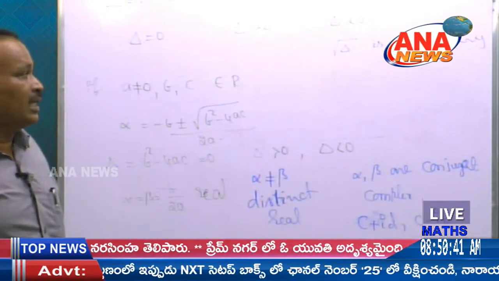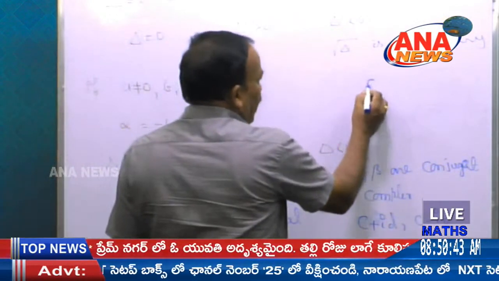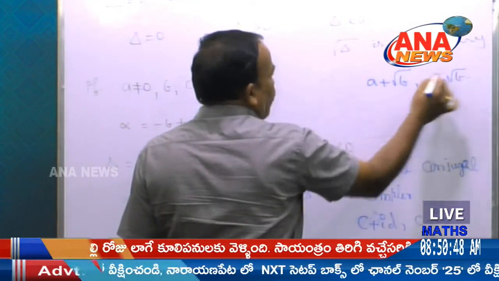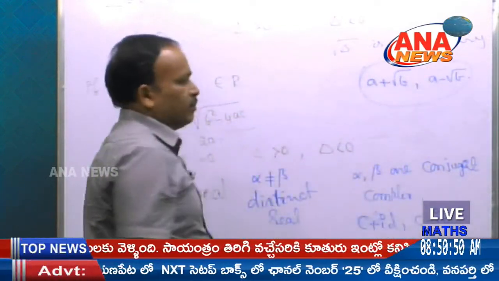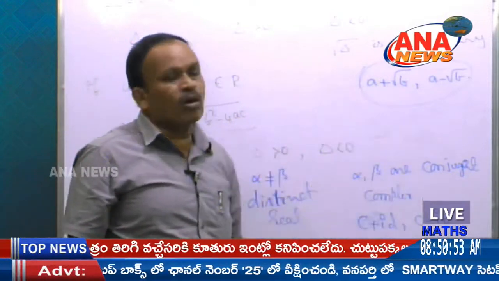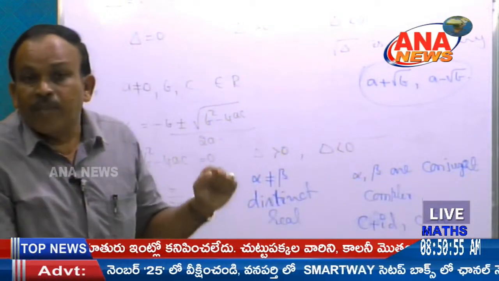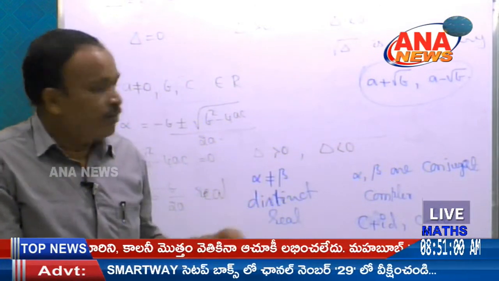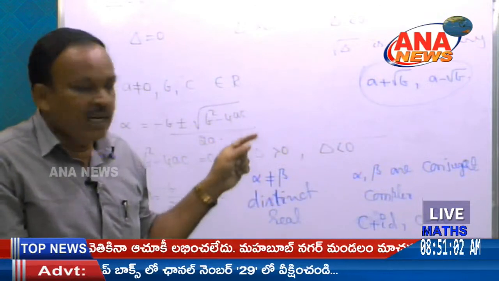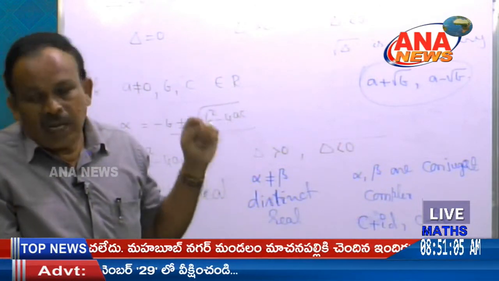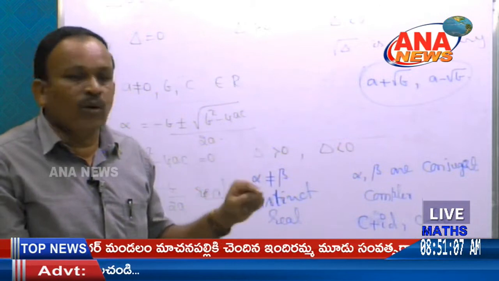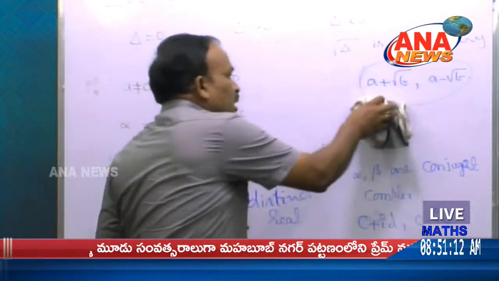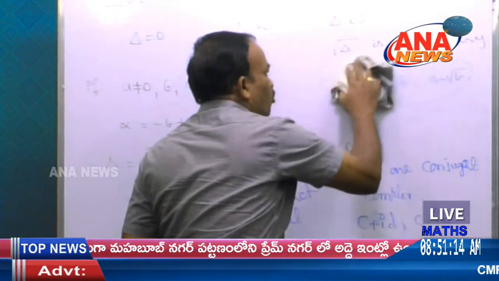A plus root b, a minus root b, these type of numbers are called surds. If the something under the root is not an exact square, that is called a surd. A is real, root b is also real. Okay, we will discuss surds later, not necessary now.